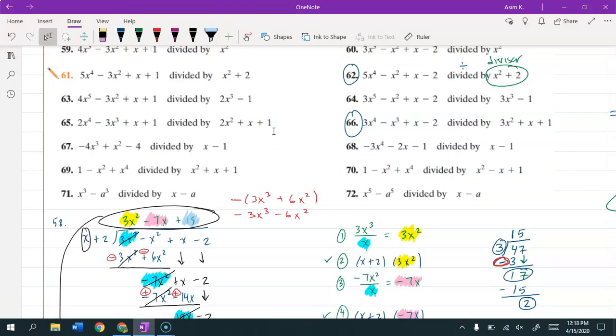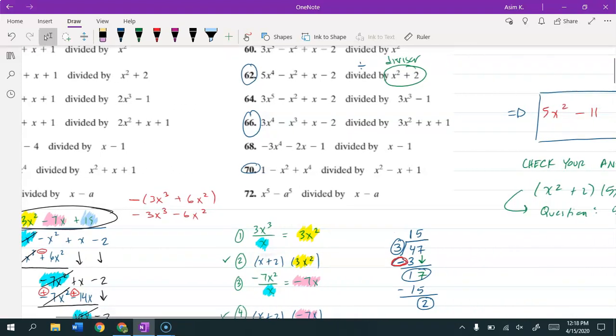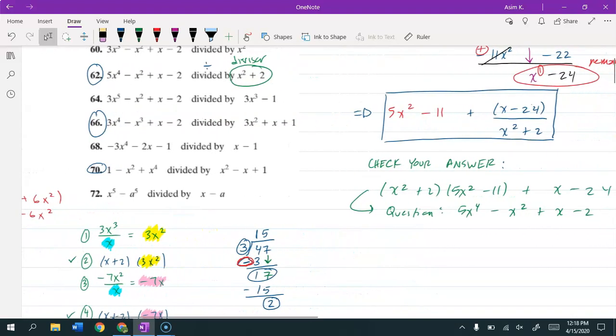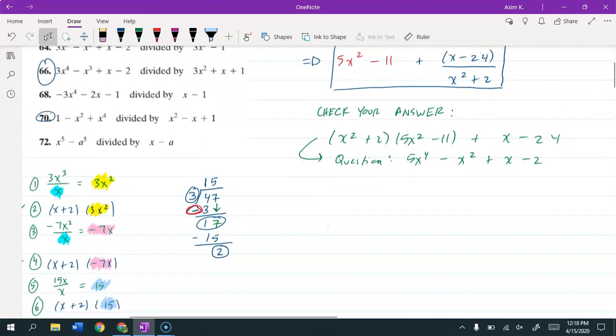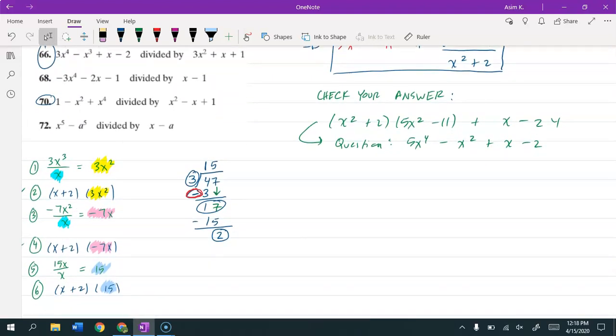We are going to try number 70. All right, we're going to take a look at number 70 here. And number 70, one problem with it is it's written in a different fashion. Notice that it's not written in standard form. It's written 1 minus x squared plus x to the power of 4. So one of the things that we'll do is write it in a forward fashion.